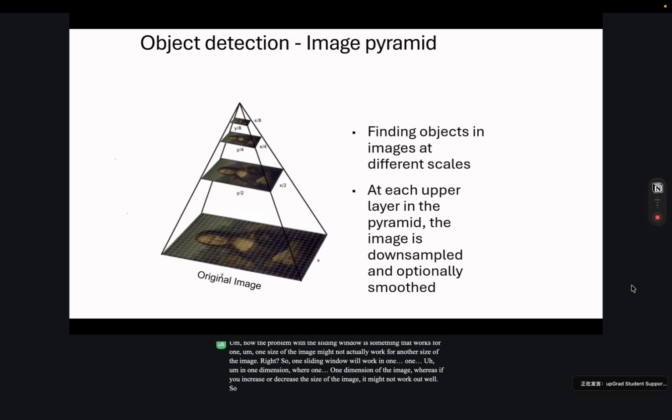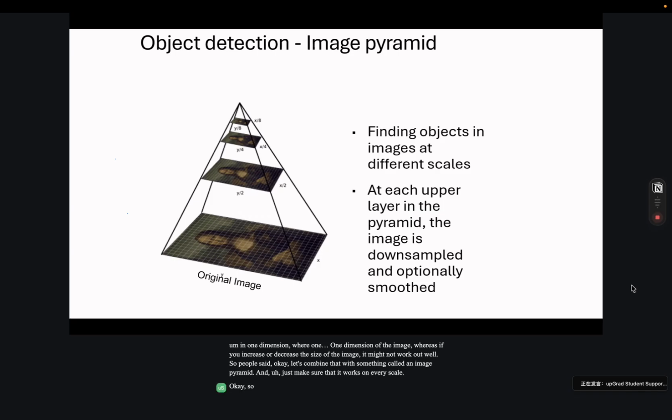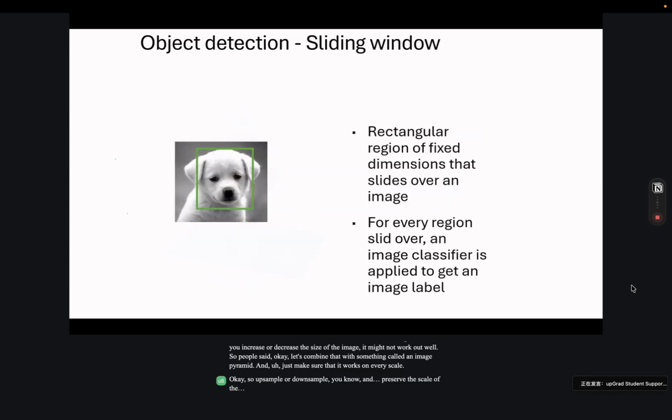So people said, okay, let's combine that with something called an image pyramid, and just make sure that it works on every scale. Okay, so upsample or downsample, and preserve the scale of the sliding window.